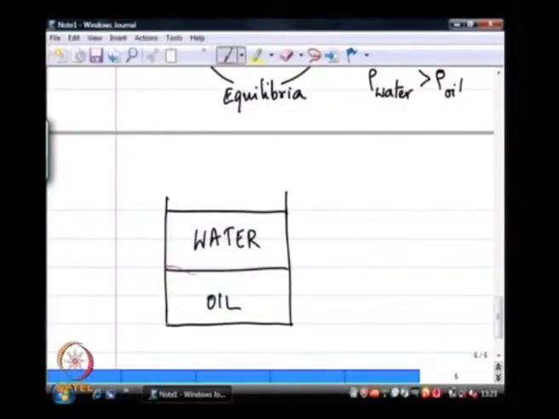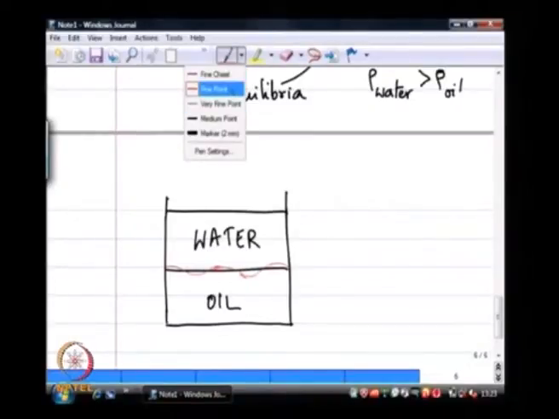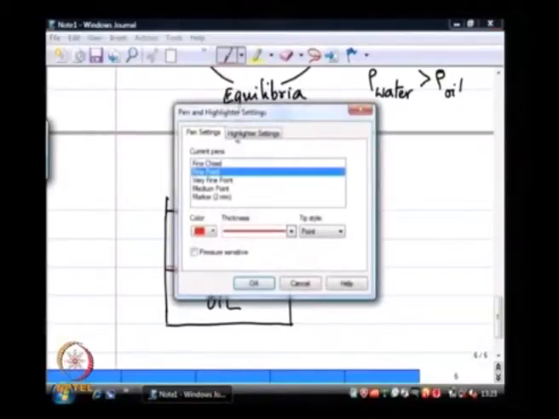So, if I impose a small perturbation on this meniscus, over time, because the oil wants to rise up naturally and the water wants to come down, the meniscus shape is now going to become altered.